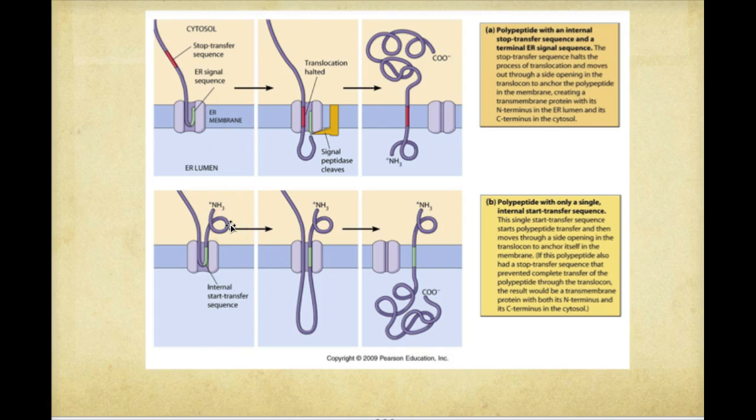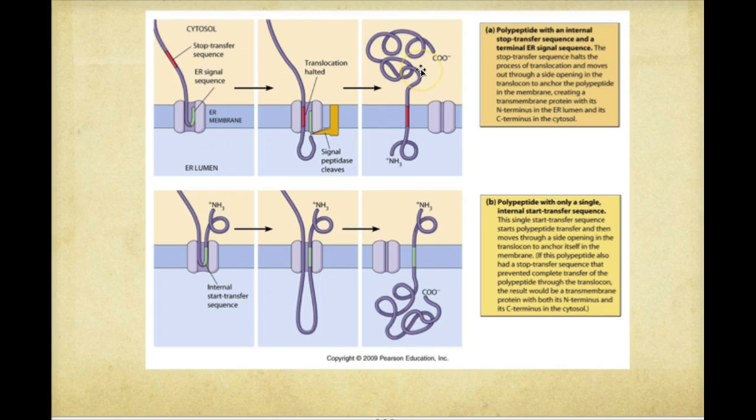As translation starts up again, and the protein starts to feed through the pore, eventually the entire protein will be translated, and most of it will be inside the cell this time. So if you compare the last picture from the top three to the last picture in the bottom three, you have two integral membrane proteins.